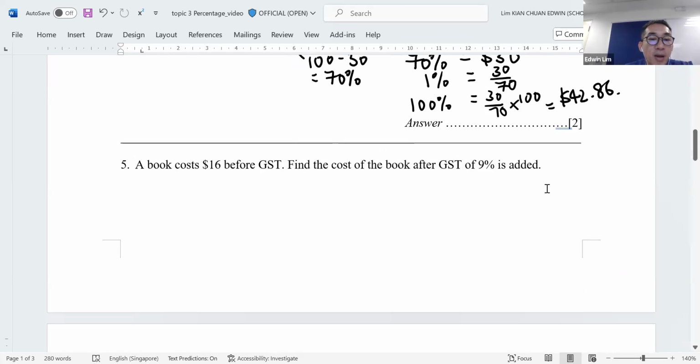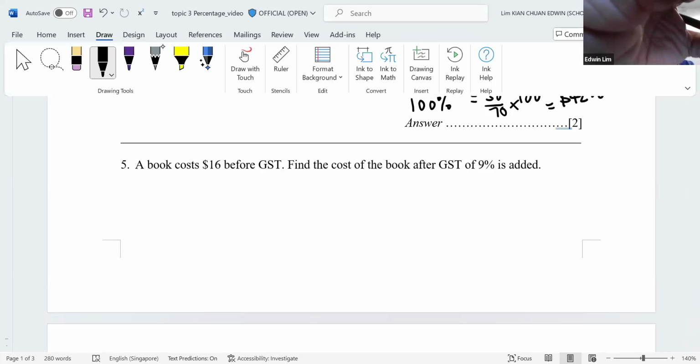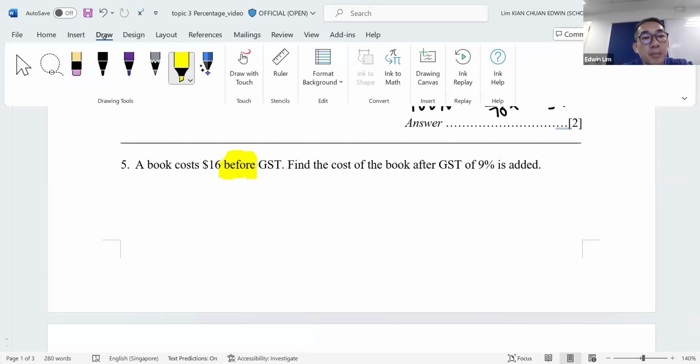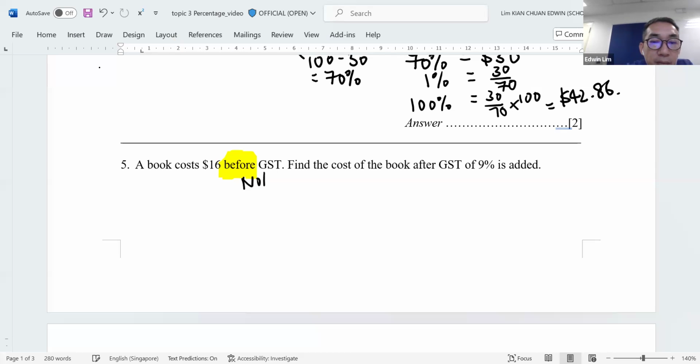Question number 5. A book costs $16 before GST. Find the cost of the book after GST of 9% is added. Before means not added yet. Now we are supposed to find the new price of the book after GST is added. So I can find 9% first. 9% of $16, how much would it be?